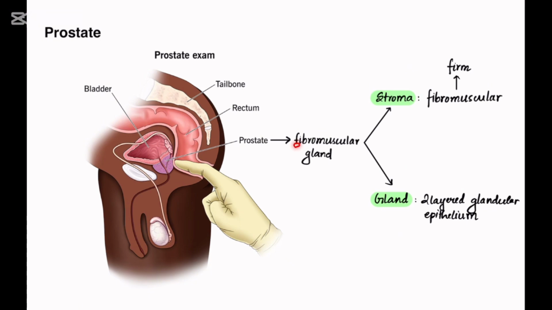Prostate is a fibromuscular gland of the male reproductive system. It is made up of two parts, the stromal part and the glandular part. The stroma contains fiber and muscle, that's why it's called fibromuscular stroma. Due to the presence of muscle, the organ is firm when palpated. The gland is made up of two-layered glandular epithelium.